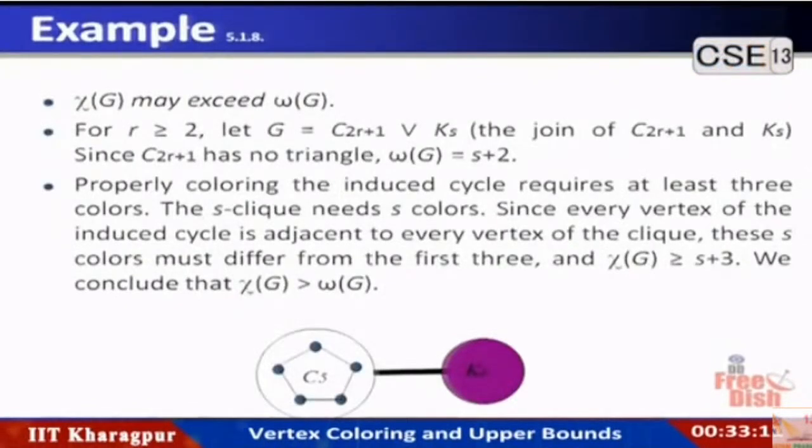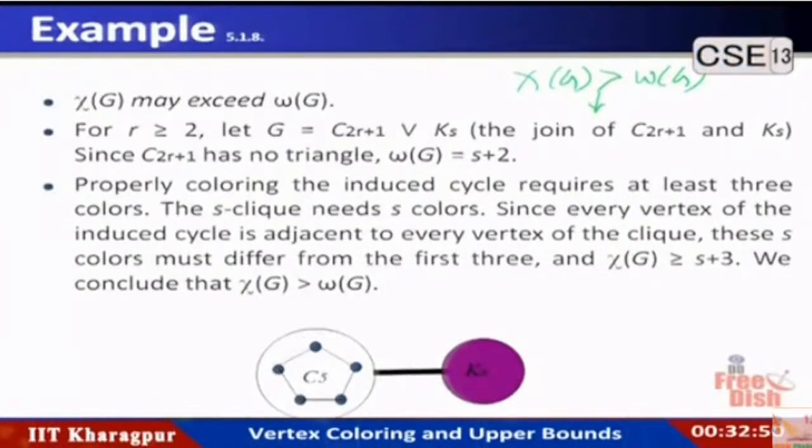Now let us see how good this bound is in terms of tightness. Chi of G may exceed omega of G in this particular construction of a graph.